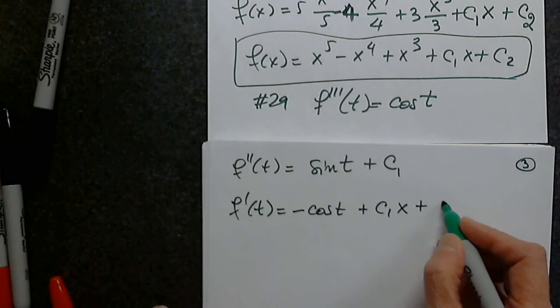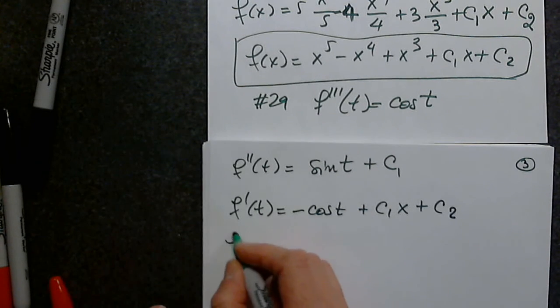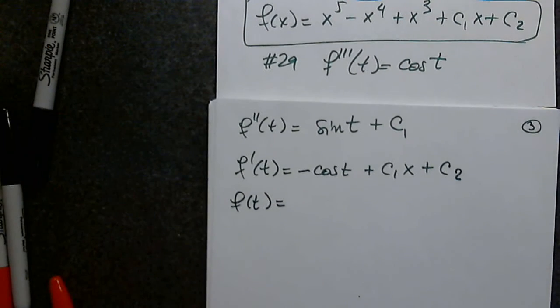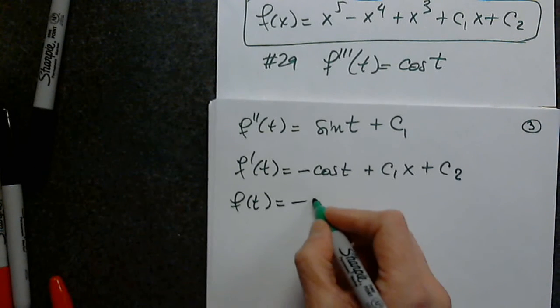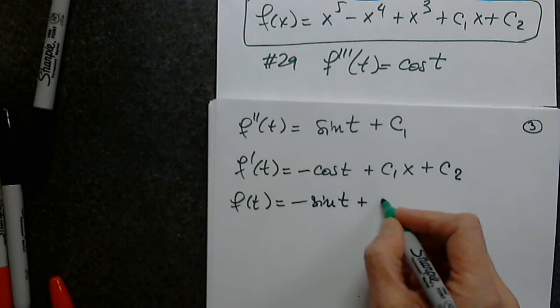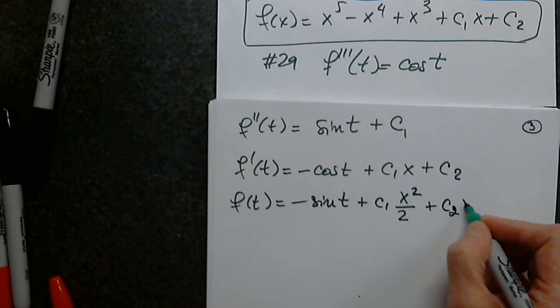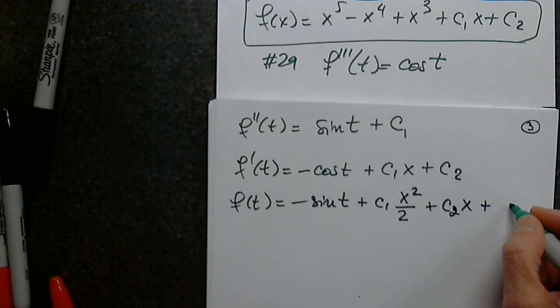Very good. Plus. Awesome. So now we are finding f of t. Sine t, yes, plus C1 t squared over 2, very good, plus C2 t plus C3.